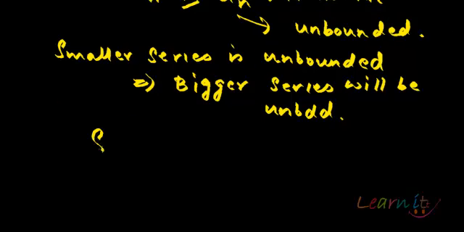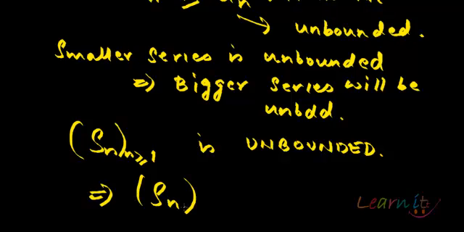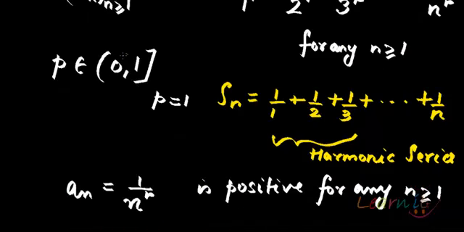This means that Sn is unbounded, which implies that the series is divergent. Okay, so that means when P is between 0 and 1, this P series that we started off with is divergent. So the P series is divergent when P is between 0 and 1, and might be equal to 1 as well.